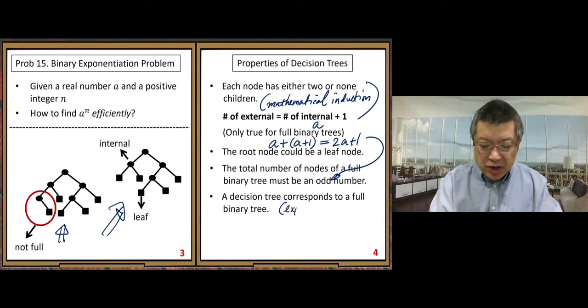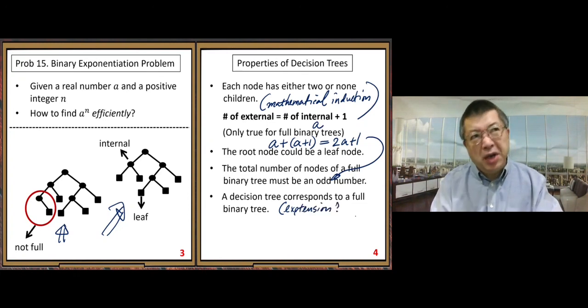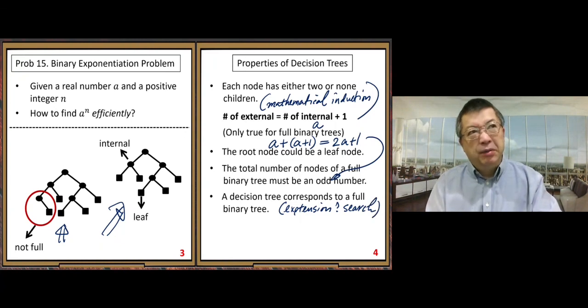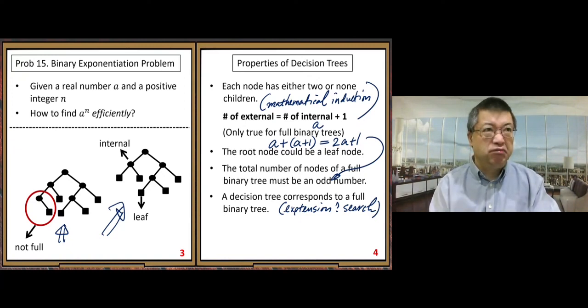When we think about extension, later if we look at a search algorithm, we cannot get a full binary tree for the decision tree. Later I will find a chance to show you that example for search algorithm.